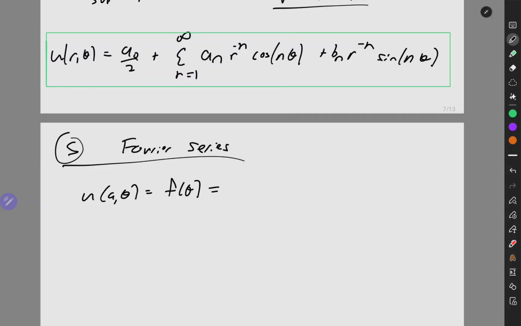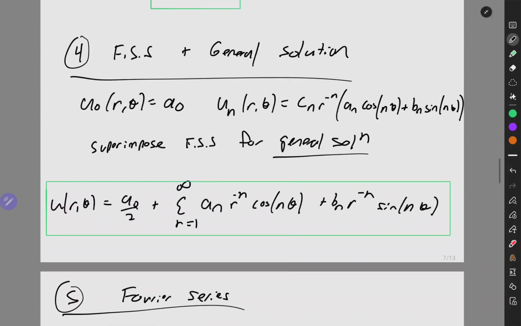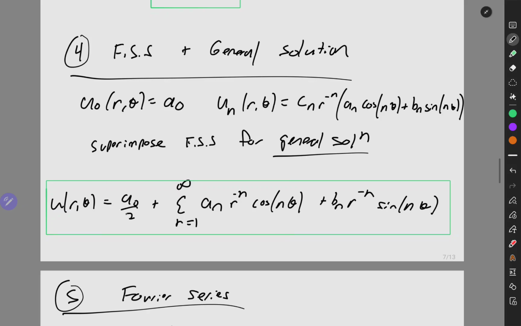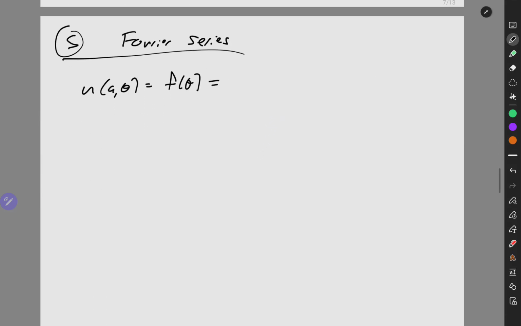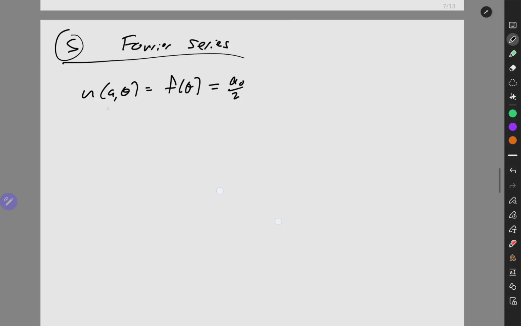Remember, I forgot to tell you, the reason I divided this by 2 is just by normal convention. That 2 didn't just come out of nowhere. Watch my Fourier series coefficient derivations, and you'll see where that divided by 2 comes from. But let's continue here. We're plugging in a for r.